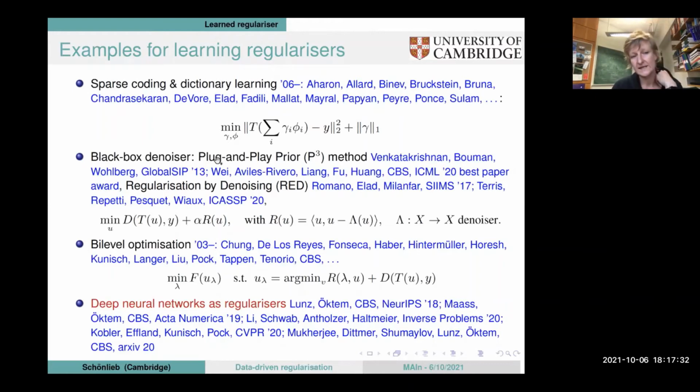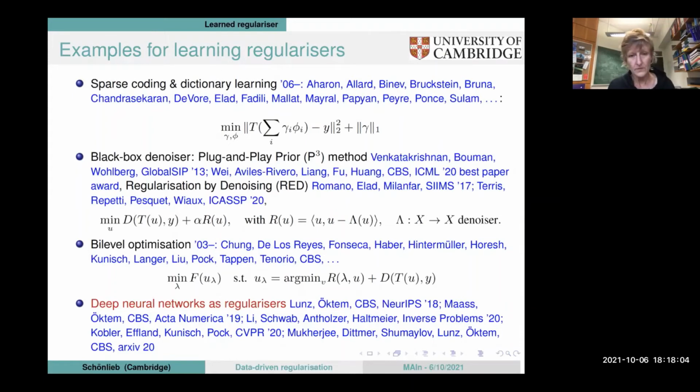Another one is the idea of how you can bring learning-based approaches into regularization via plug-and-play approaches or black box denoisers, or the newer version of this, regularization by denoising, where you say a lot has happened for image denoising, of coming up with good smoothing procedures for turning a noisy image into a clean image.